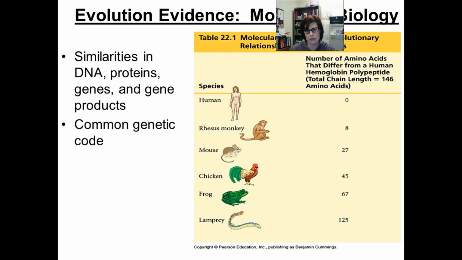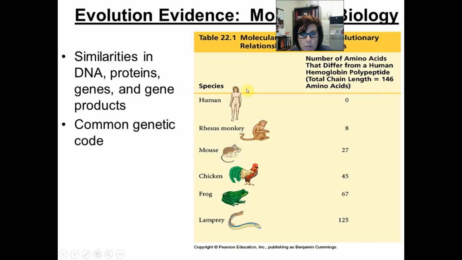for those proteins like hemoglobin, okay? But the more closely related you are, the fewer those differences are. So for example, this tells us here we have the number of amino acids that differ from human hemoglobin. The total chain length of the amino acids for hemoglobin is 146.